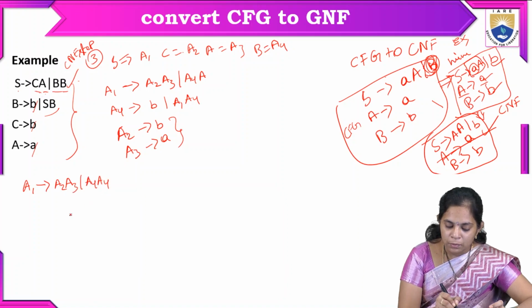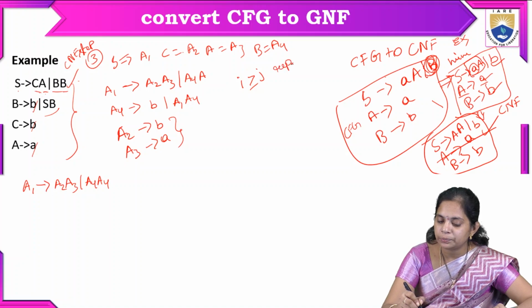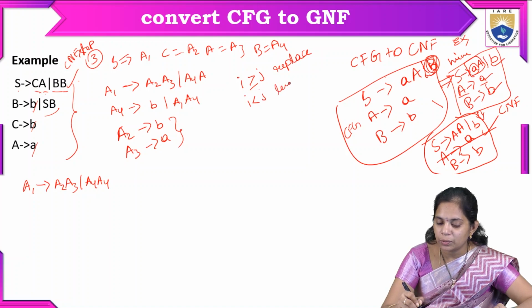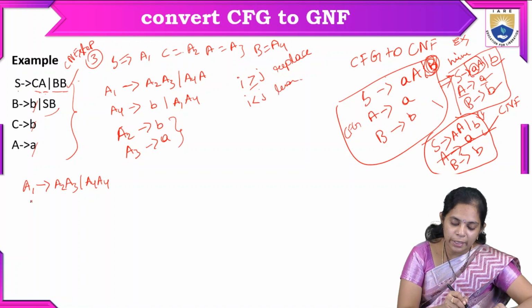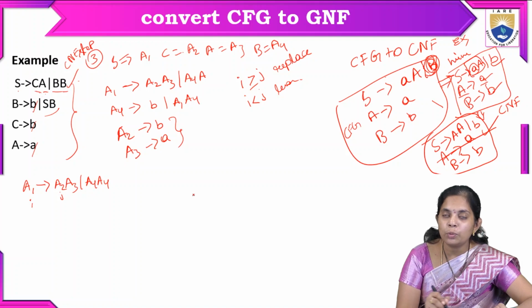So here there are two conditions. I less than or equal to j, we need to replace. So I less than j, we need to leave like that only. So here I is equal to this one and j is equal to this one. So we need to check for two productions.